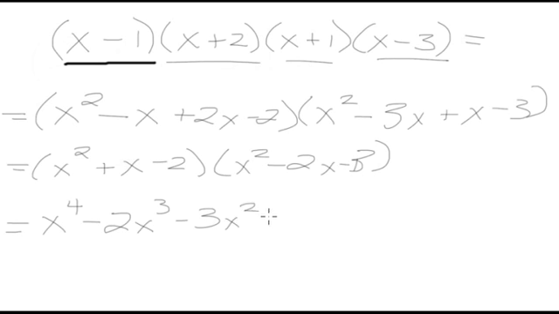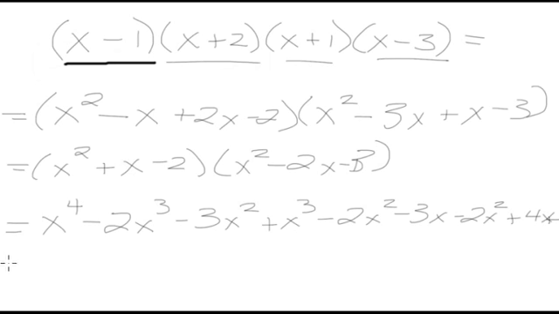Now distributing the middle term of the first parentheses, plus x cubed minus 2x squared minus 3x, and finishing up with a constant term, negative 2 minus 2x squared plus 4x plus 6.